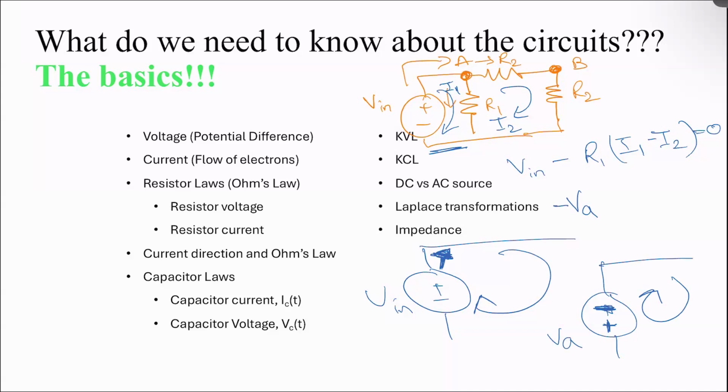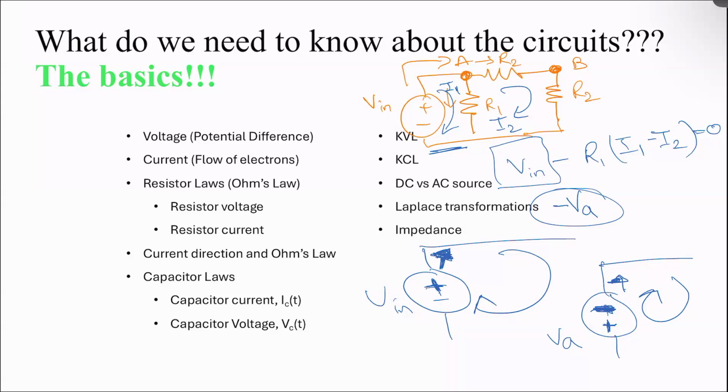So the voltage sources will always be positive, you're saying? It depends on the sign. If it's negative that your current is coming out of, then it's going to be negative VA. If it's positive that your current is coming out of, then it's going to be a positive. I see. Okay.